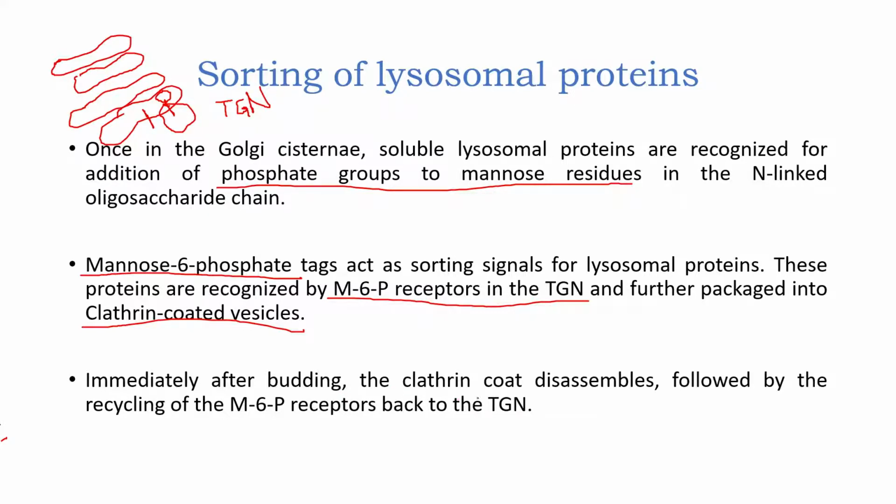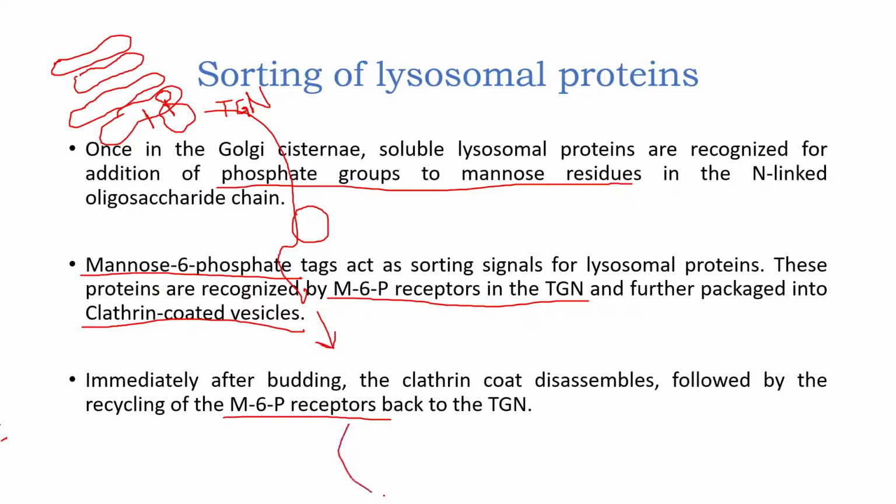Once the clathrin coat is disassembled, the mannose 6-phosphate receptors are also recycled back to the trans-Golgi network. So this says that when the clathrin coated vesicles bud off from the trans-Golgi network, they are in the cytoplasm, and now they are being transported to the lysosomes.